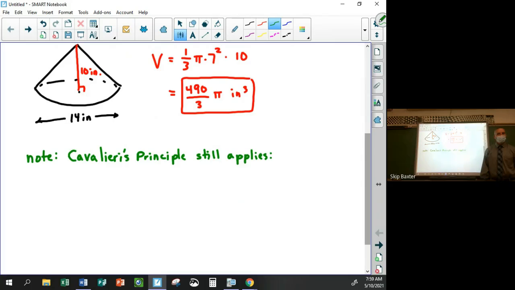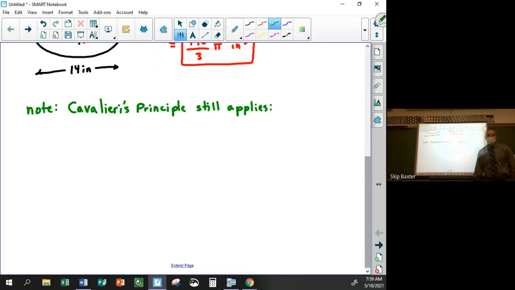Do you remember me talking about it at all? It basically says that it doesn't have to be a right prism or a right cylinder or a right pyramid or a right cone. It could be kind of slanted and it still works.